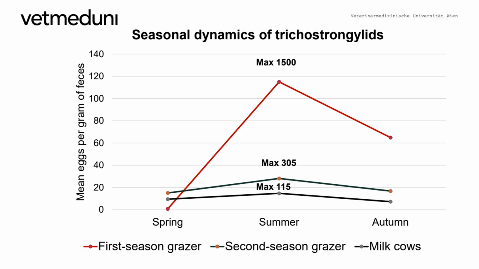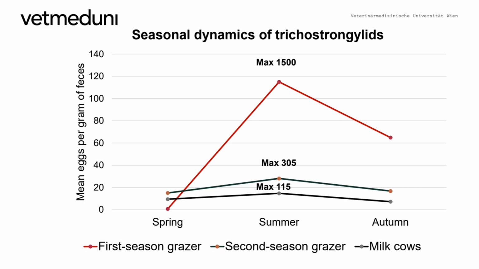And when we look at the mean results, we have this typical dynamic that Johannes mentioned, but this is not observed on all farms. And that is true. We did not observe the peak in all farms in summer. Sometimes we also had the peak in autumn. But when we're looking at the mean, we still have the peak in summer.